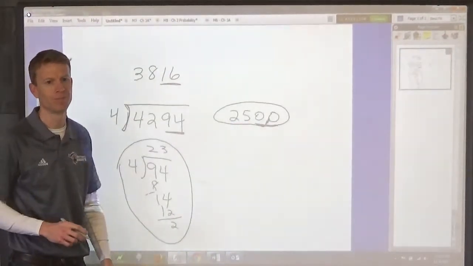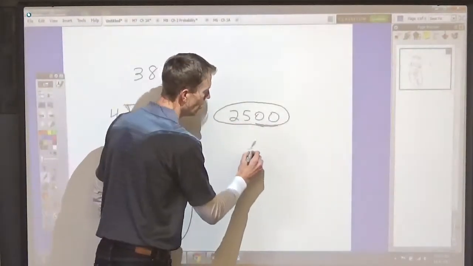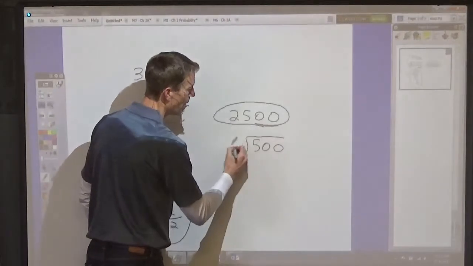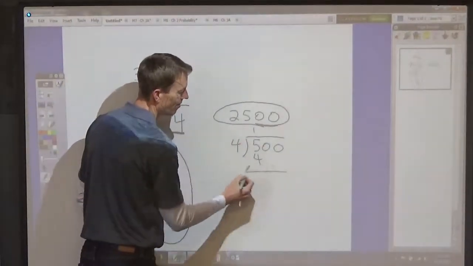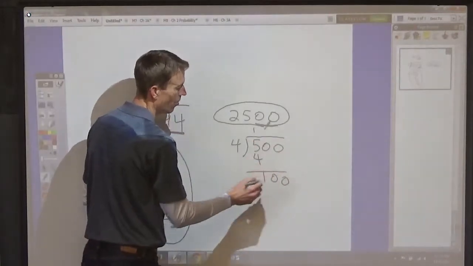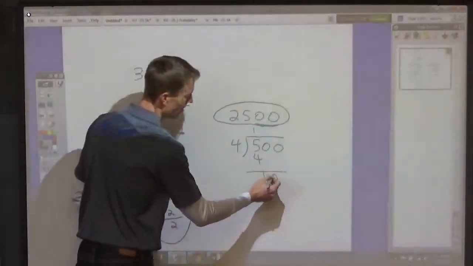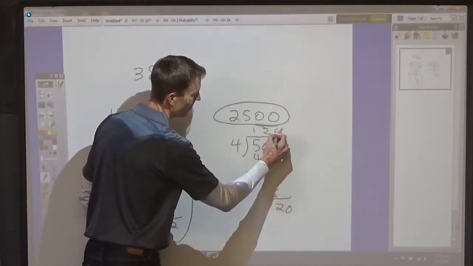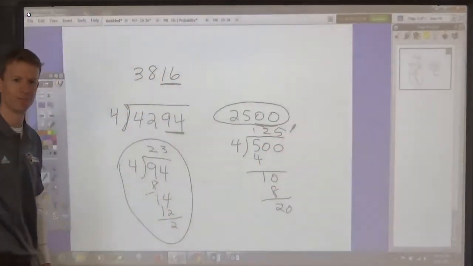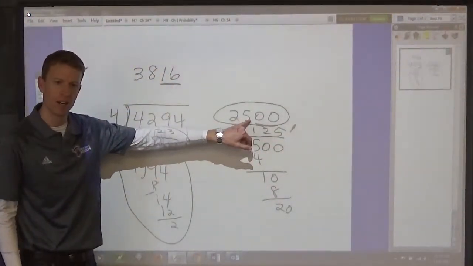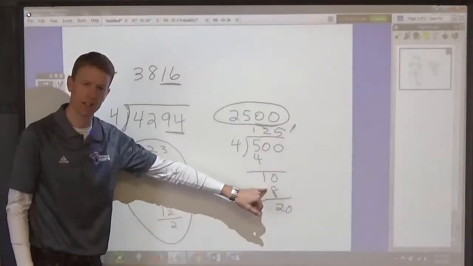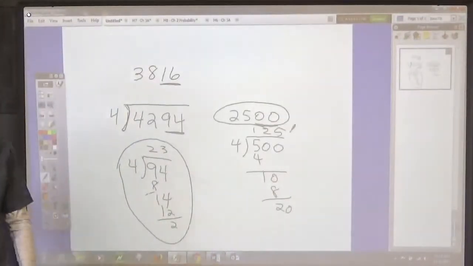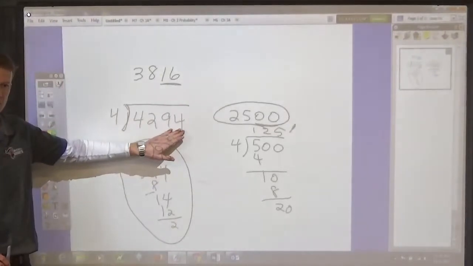So 500 divided by 4 would be 125. So if there is another digit, you might have to use that. Okay? Otherwise, you can just use the other 2 digits.